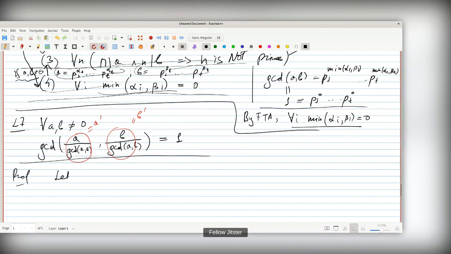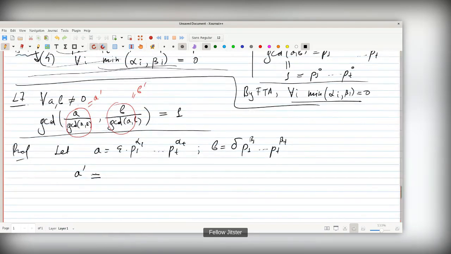As usual, let a be epsilon multiplied by this one. What is a prime?